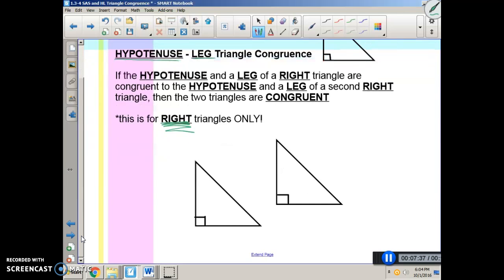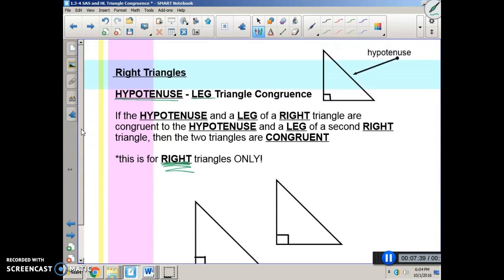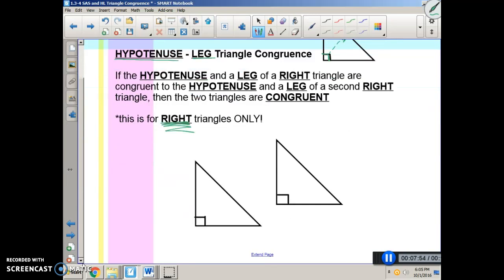Alright, and if you forget, we have a handy little picture up here that tells you that the hypotenuse is the one across from the 90-degree angle. Remember that 90 is that little box right there? It's always across from the 90. That's the hypotenuse. So on these ones, here's my hypotenuse, and hypotenuse.